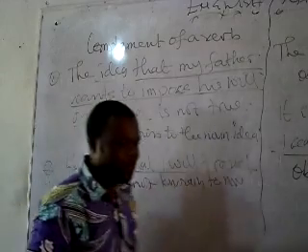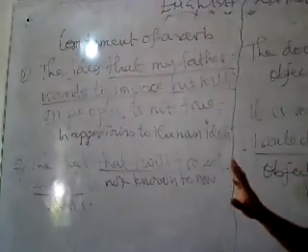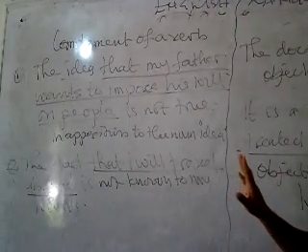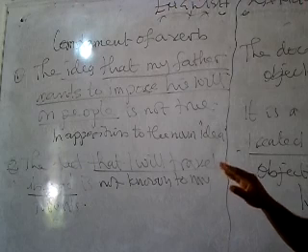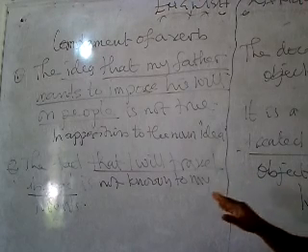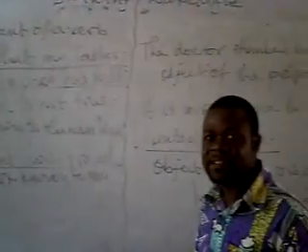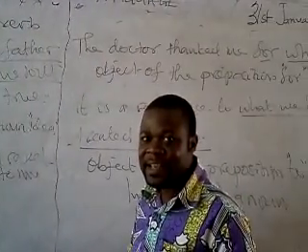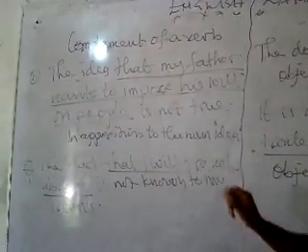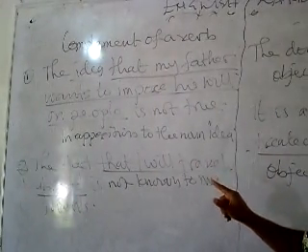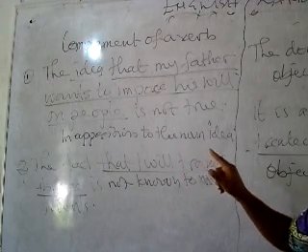So if we take away the clause from the sentence, we realize that the remaining also becomes meaningful. So we have the fact is not known to my friends. So the question then is, which fact are you talking about? And the fact is that I will travel abroad. So that I will travel abroad is in reference to the noun fact.